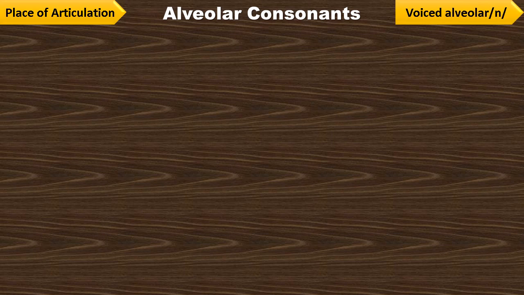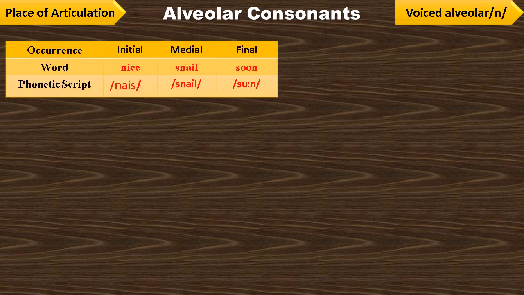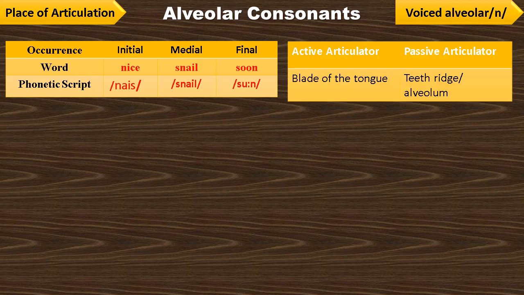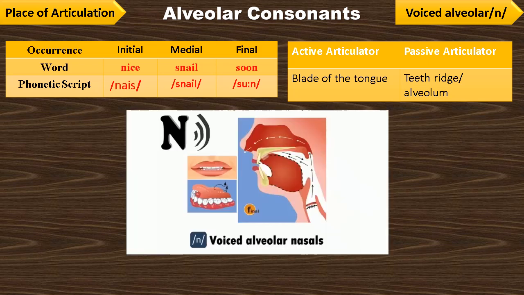Next we are going to see the voiced alveolar n. It occurs initially as in the word nice, medially as in snail, finally as in soon. The active articulator, the blade of the tongue, raises towards the passive articulator, the teeth ridge.